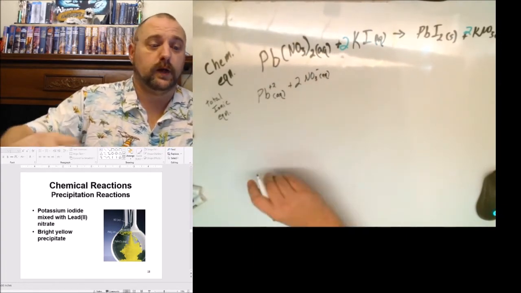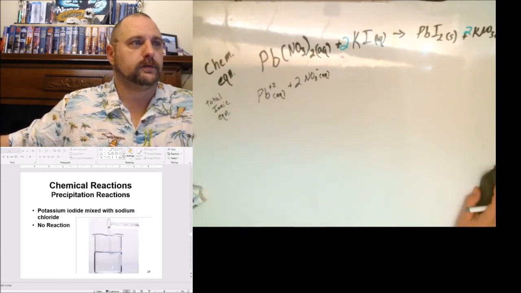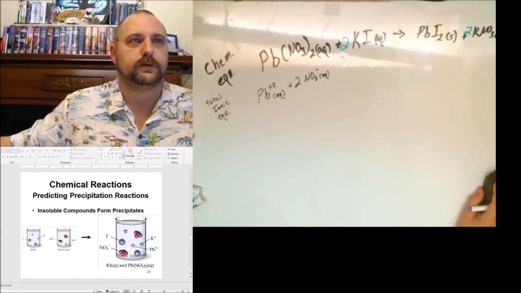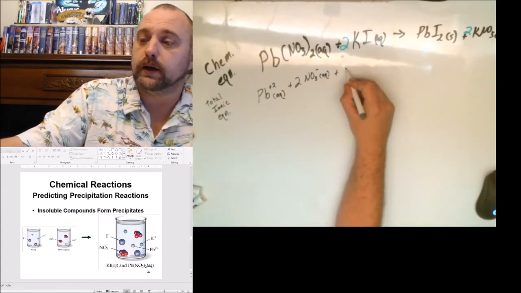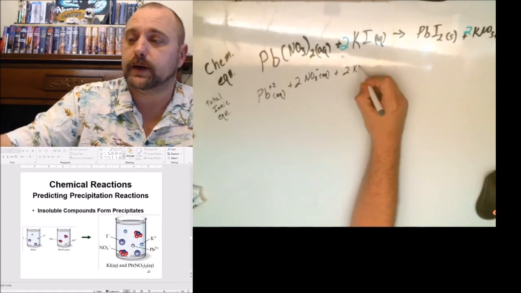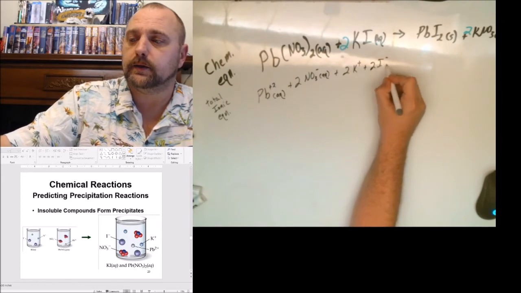And we saw this on our slide previously. We saw this in our pretty pictures when we dissociated these. Alright, and then we'll have 2 potassium ions and 2 iodide ions, both of which are aqueous.